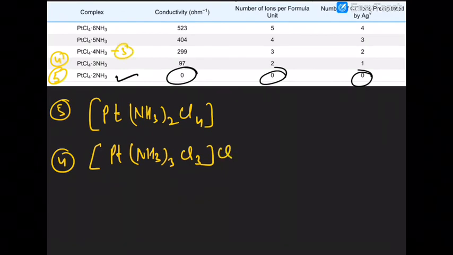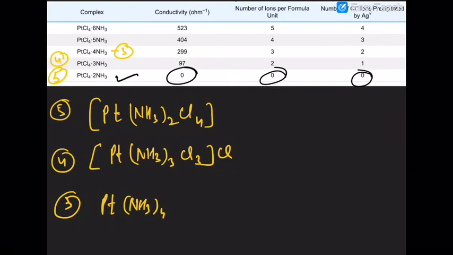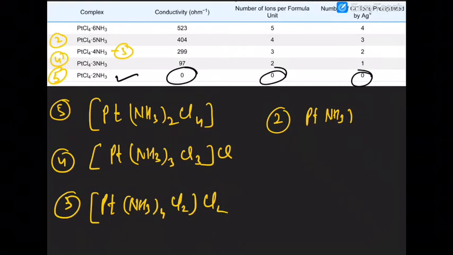This is number 3. Look at number 2. And look at number 1.